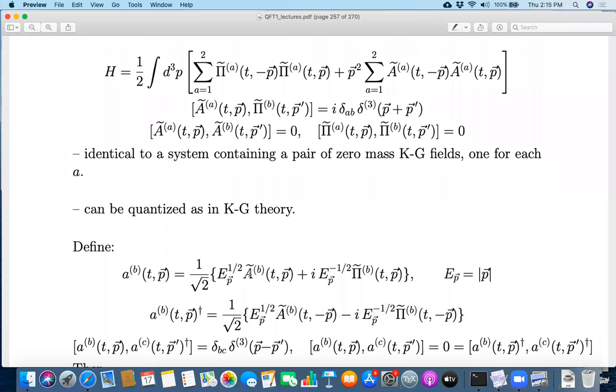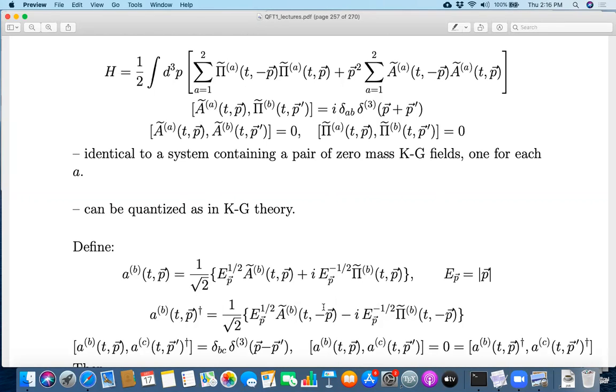There it was phi tilde and pi tilde. Instead of that, here you have an A tilde B and pi tilde B. And this is the Hermitian conjugate. So it's basically the Hermitian conjugate of the first equation, with the understanding that the Hermitian conjugate of A tilde B of p is A tilde B dagger of minus p.